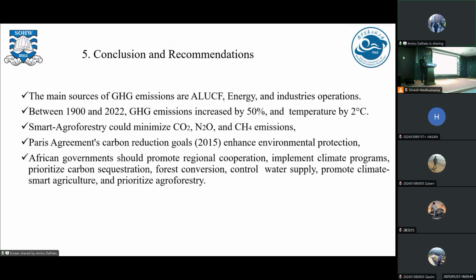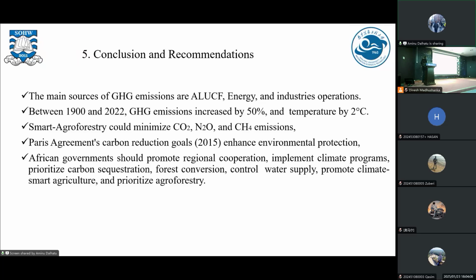In conclusion and recommendations, the main source of greenhouse gas emission is agriculture and industrial operation. Between 1900 and 2022, greenhouse gas emission increased about 50%, and the temperature increased by 2%. Smart agroforestry could minimize carbon dioxide, nitrous oxide, and methane emission.